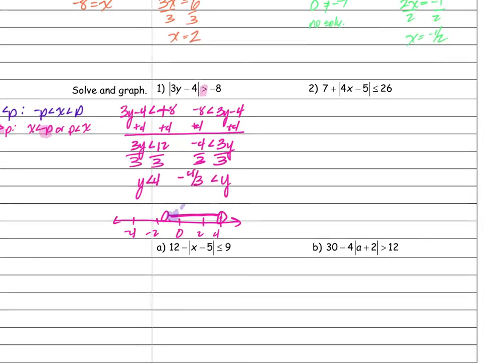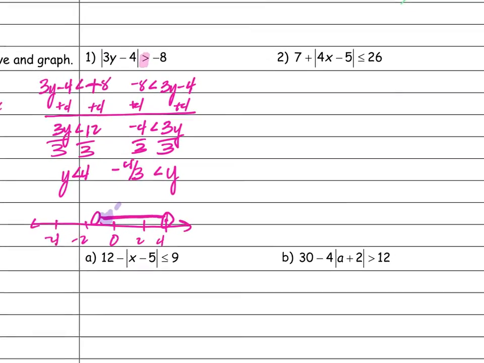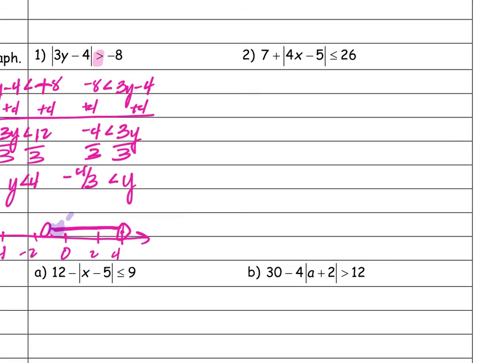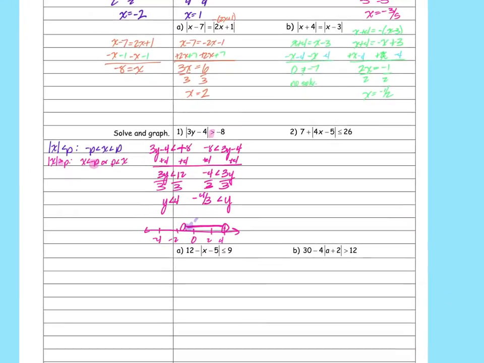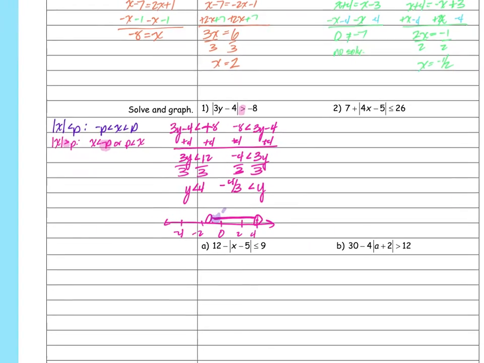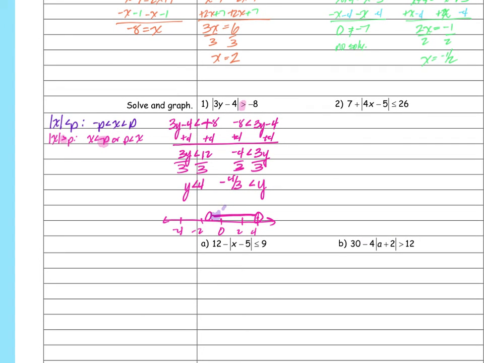Interesting. Okay, so if I go to the next one, oh, I can't see my rules and write at the same time. Okay, before I do my absolute value, the absolute value has to be by itself. So in this case, I need to subtract 7 from it.